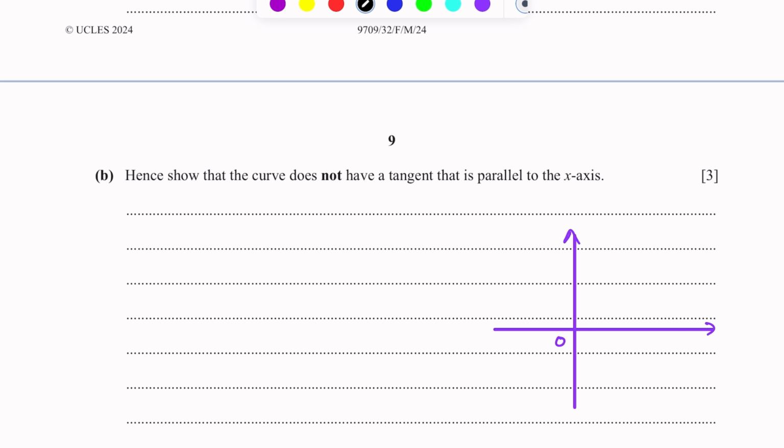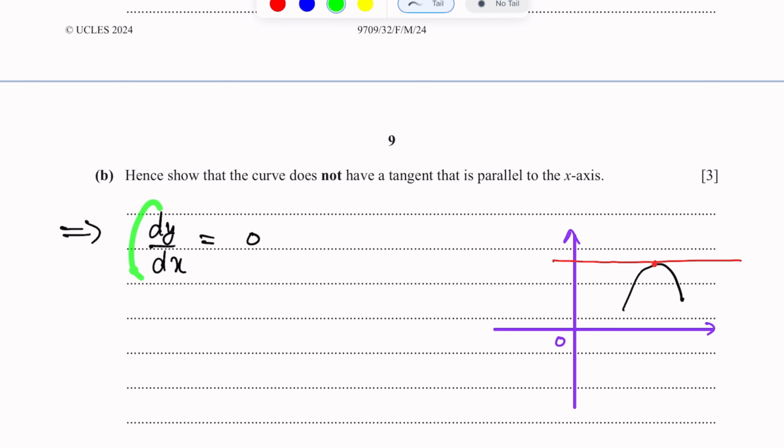Let this be a curve. This is a tangent parallel to x-axis. This line is parallel to x-axis. This shows that dy over dx is equal to 0.